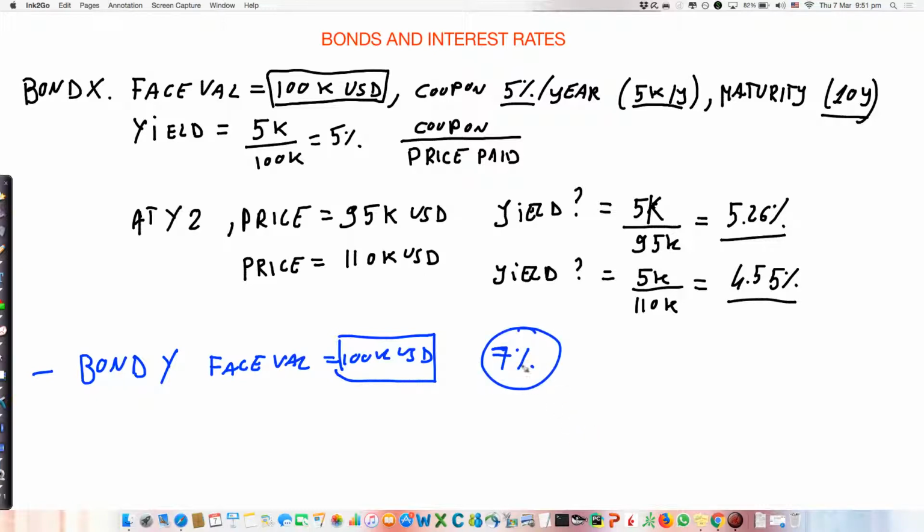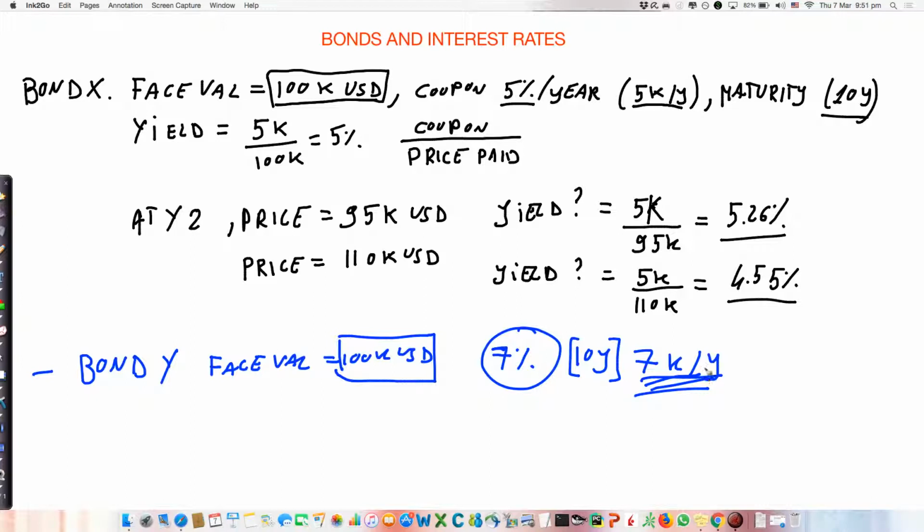Maybe because the interest rates are higher. So if the interest rates are higher, the bond can also give you more. It means if I have 100K and I want to buy this bond, I will get 7K per year. And we assume again the maturity is also 10 years. We get 7K per year.